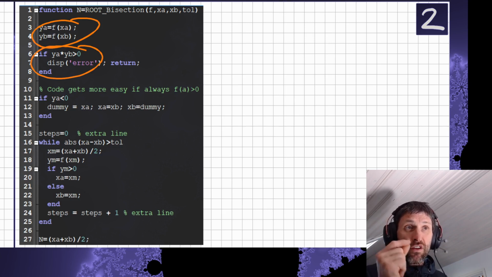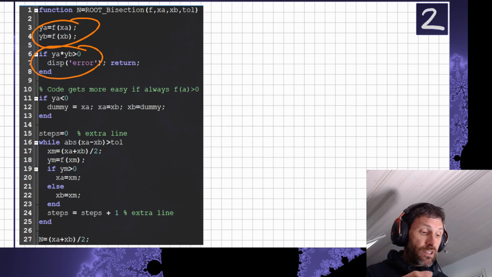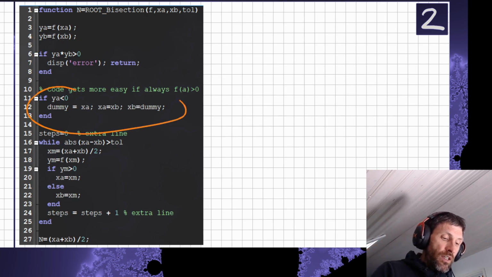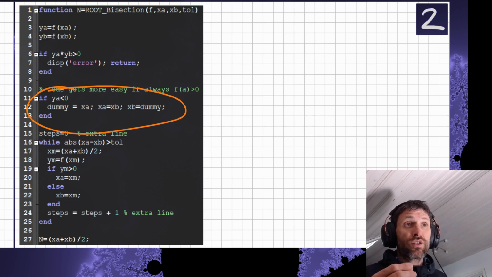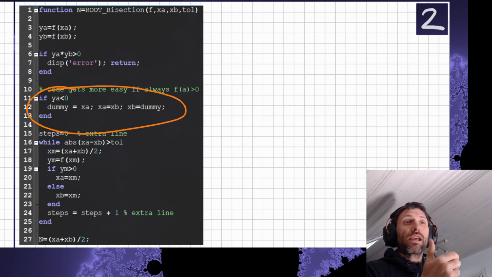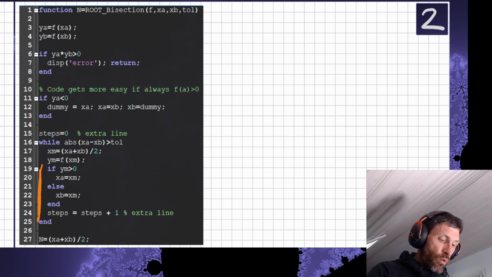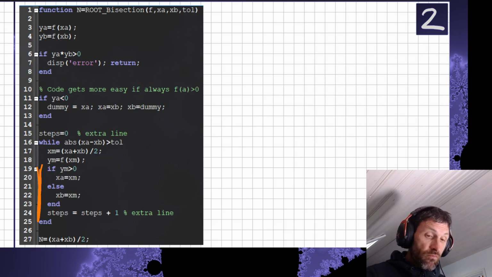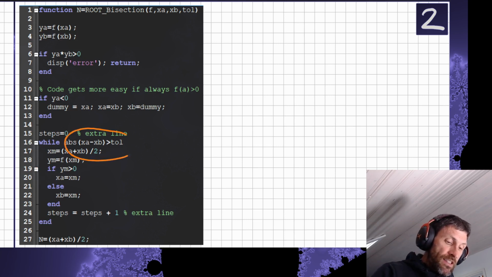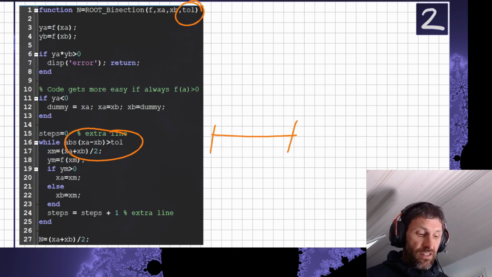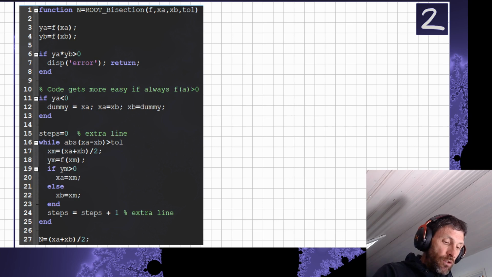I implemented that a corresponds to a positive function value, and if it's not, I swap a and b, and so we can work here with a simpler if-else. Okay, we iterate as long as the length of the interval is more than this tolerance. Then we calculate the midpoint, and we calculate the corresponding function value.